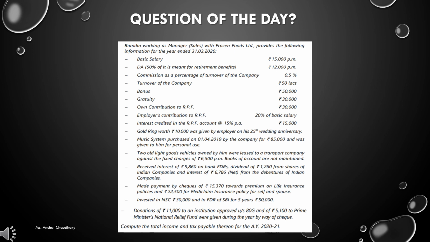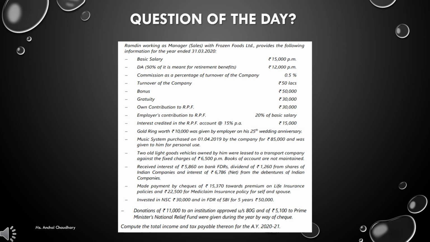Next, a music system purchased on 1st April 2019 by the company for rupees 85,000 was given to him for personal use. Two light goods vehicles owned by him were leased to a transport company against fixed charges of rupees 6,500 per month. Books of accounts are not maintained.